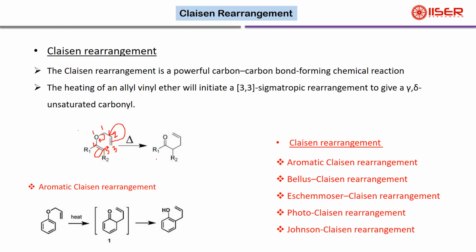This is called a 3,3 sigmatropic reaction, and we get this as a product. If we apply this in the case of an aromatic system, it is called aromatic Claisen rearrangement. Suppose one of these double bonds is part of a benzene ring, then it goes through this way, and the bond will break towards the oxygen atom.